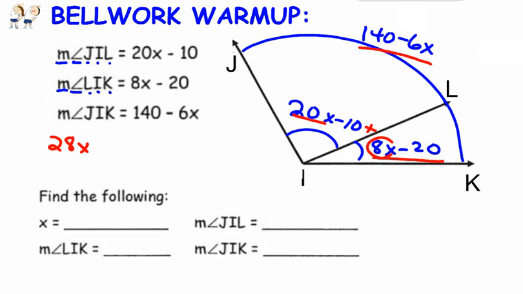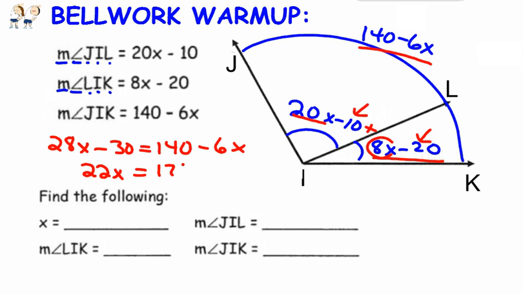And then negative 10 here and negative 20 here is negative 30, equals 140 minus 6x. Subtracting 6x is going to give me 22x. And adding 30 to both sides is going to give me 170. When I divide by 22, I get x equals 5.